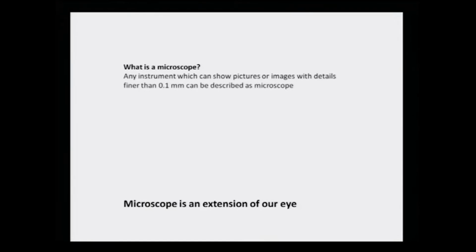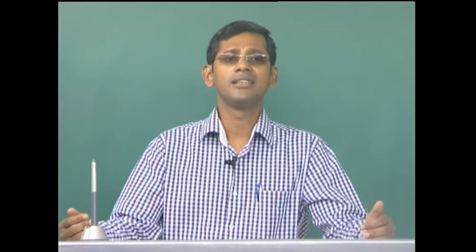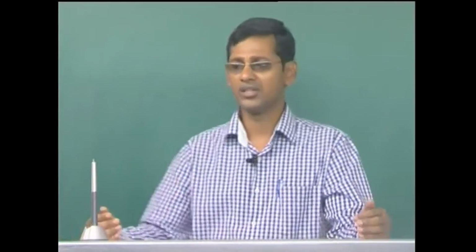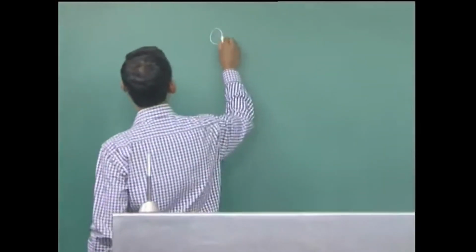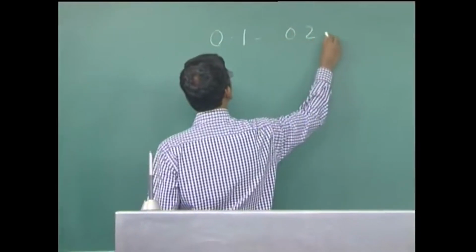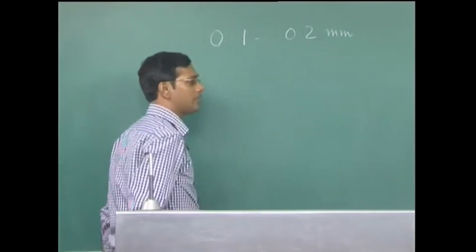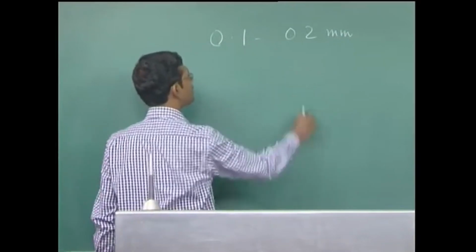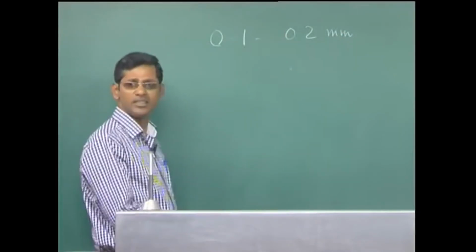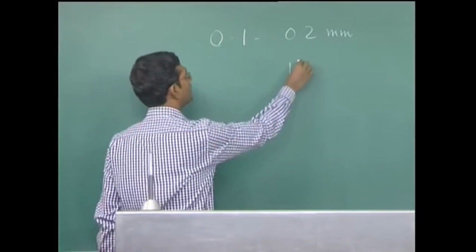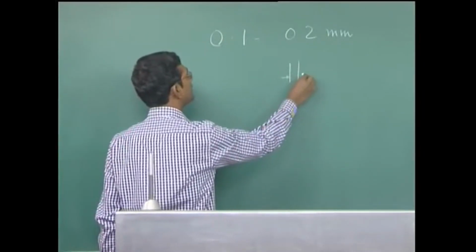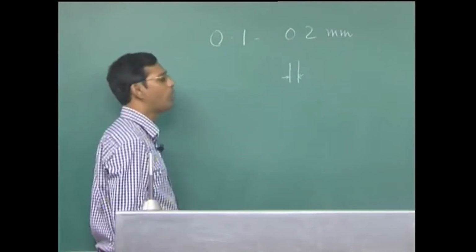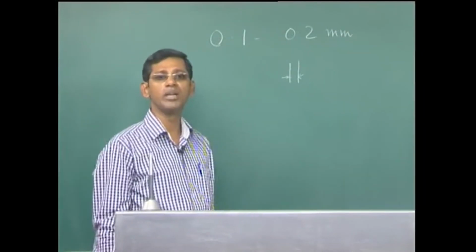What is a microscope? We know that our normal eye can see a feature as small as 0.1 to 0.2 millimeters. That means, if there are 2 points in space, our normal eye can resolve them precisely if the distance between them is in the range of 0.1 to 0.2 millimeters.